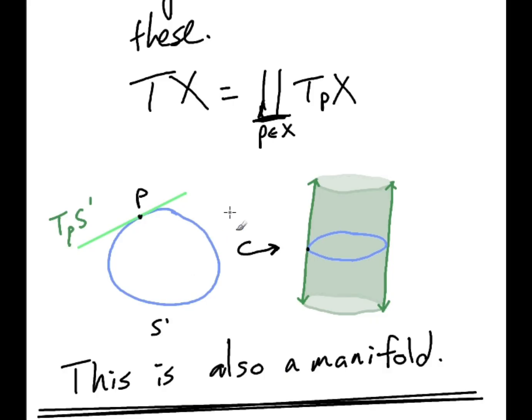If we have this circle, S1, we have this point, we have this tangent space. Instead of looking at this as a tangent to a circle, we can just treat this as its own vector space and look at the cross between this real number line that this is isomorphic to and S1.